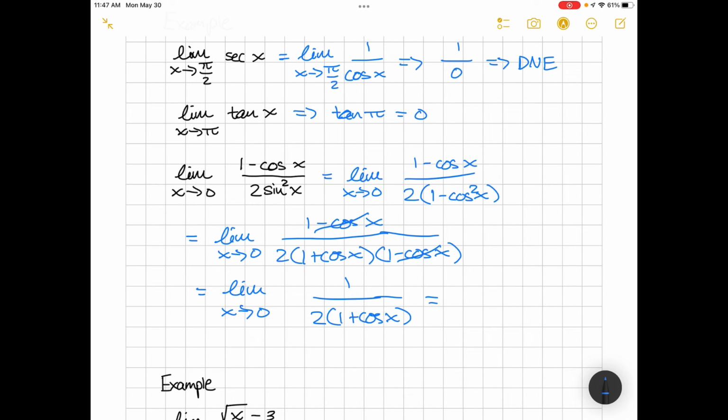If we do that, we see that this expression comes out to 1 over 2 multiplied by 1 plus the cosine of 0, which is just 1, right? So it's 1 divided by 2 times 2, which is 4. So 1 over 4. This is our answer. This limit will come out to 1 over 4.